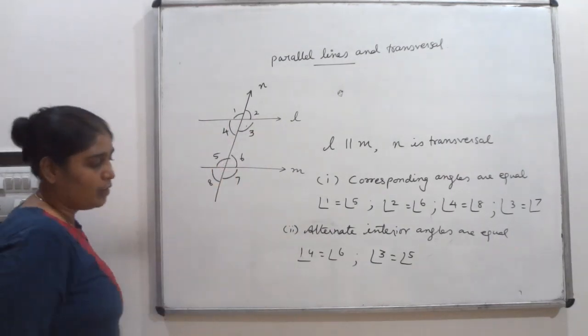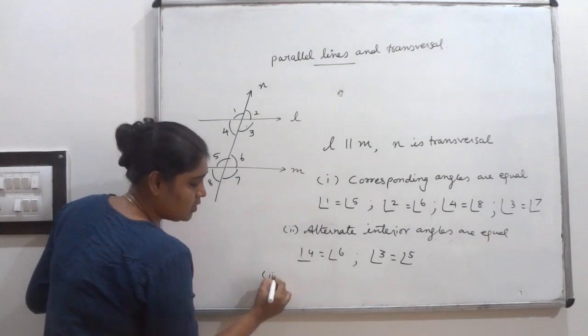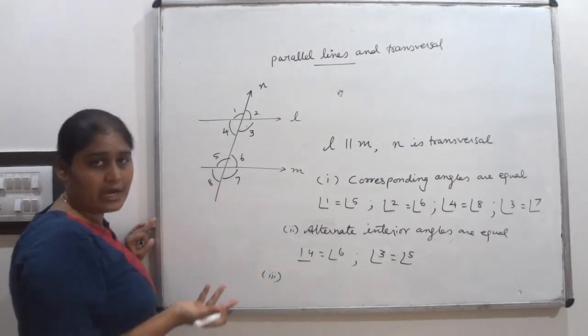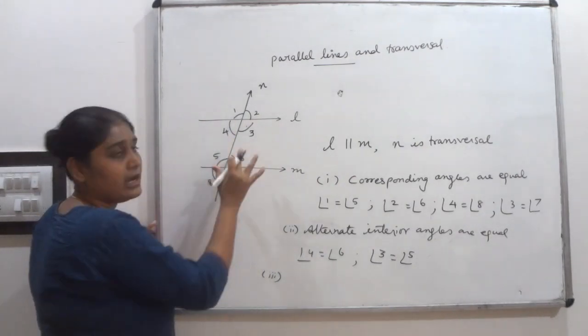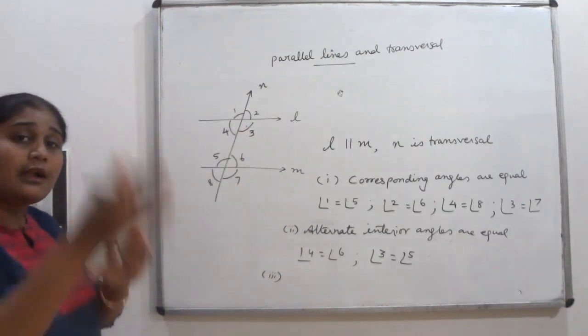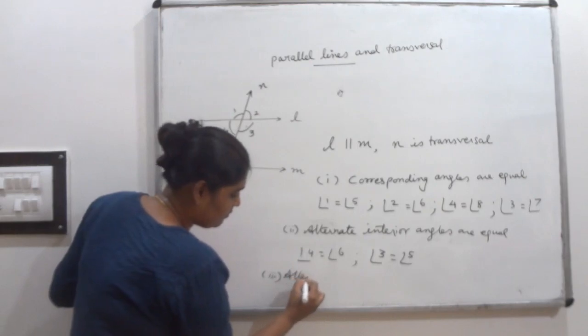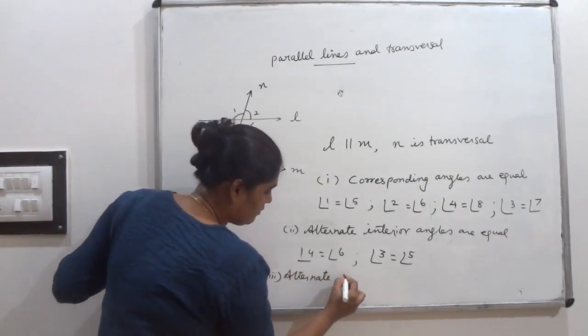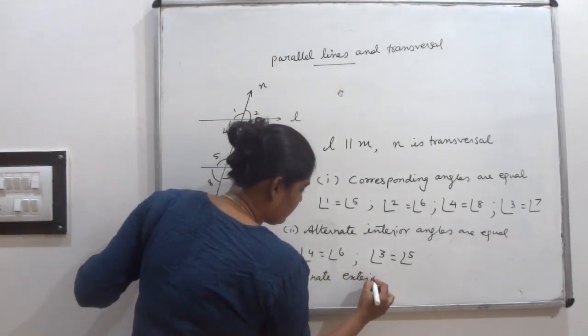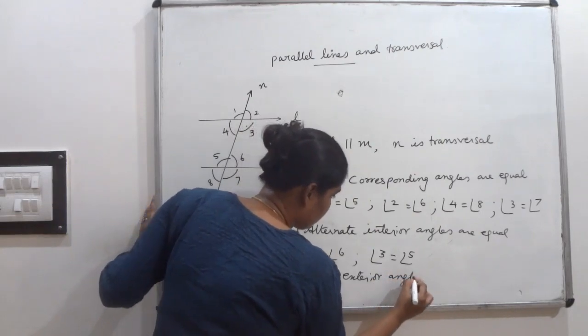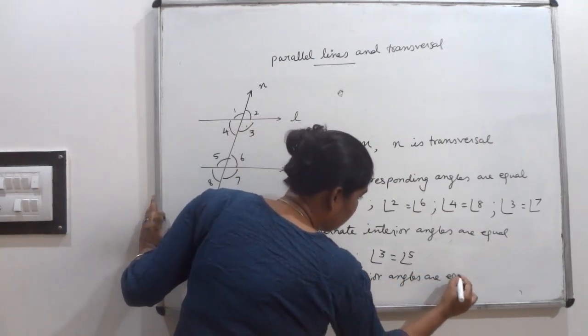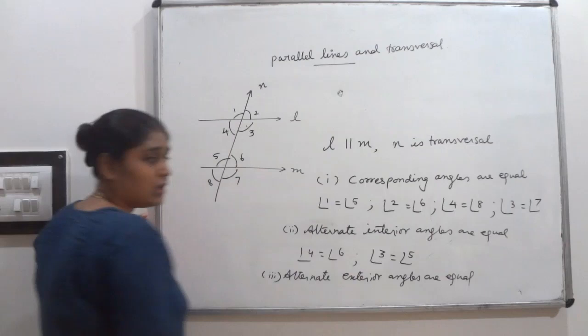Then the third point: alternate exterior angles are equal. What are the exterior angles?